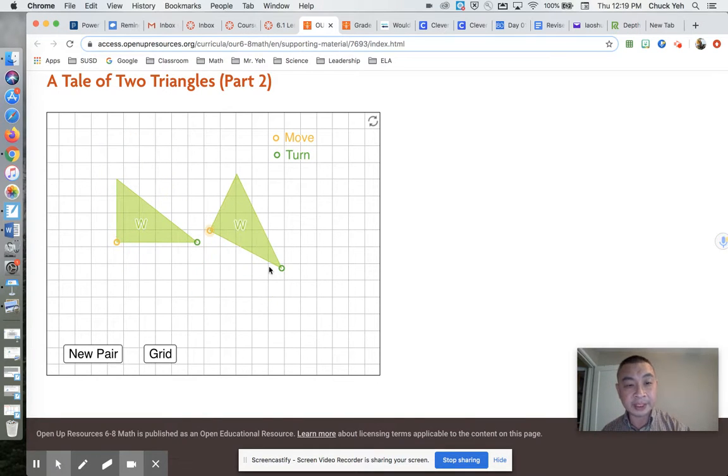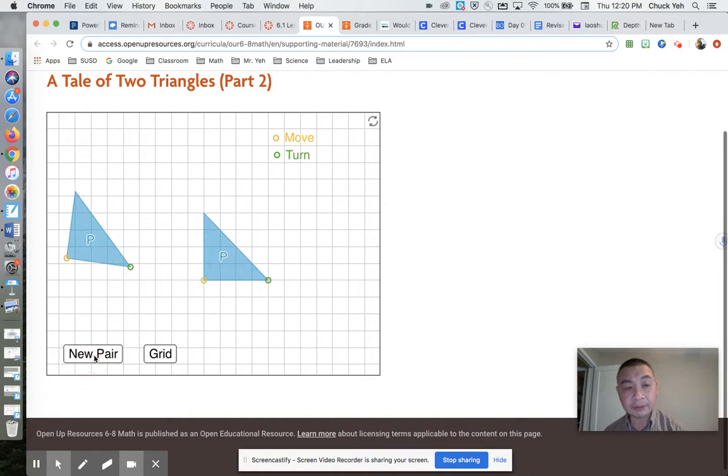You move this around and see if you can make it into a rectangle. Well, luckily for me, this one is a rectangle. So W is a rectangle, and is it a parallelogram? What did we talk about? Is that a parallelogram too? Okay, yes. So W would be one.